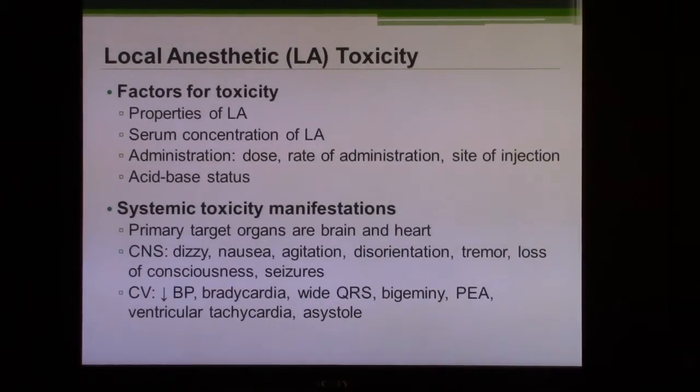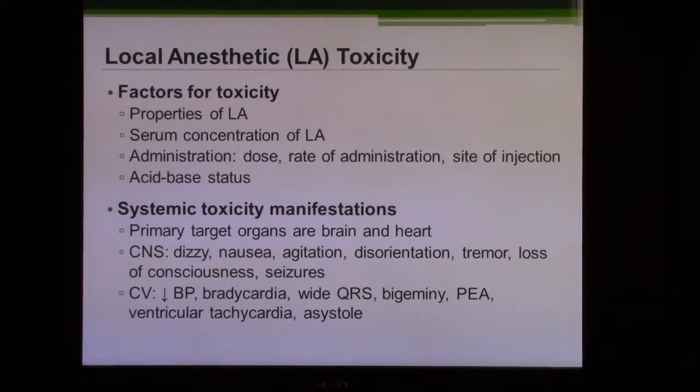On the cardiovascular side, they can block the sodium channels, as mentioned earlier as its mechanism of action, and so these can relate to some of these manifestations: the decrease in blood pressure, bradycardia, wide QRS, bigeminy, pulseless electrical activity, ventricular tachycardia, and asystole.